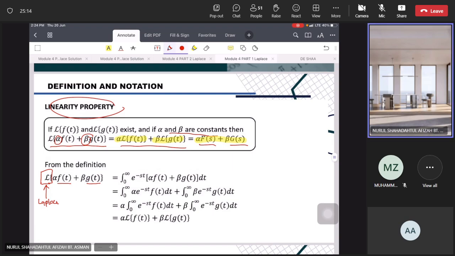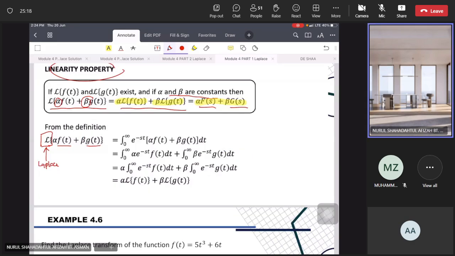We expand it into the form of integration, integration from 0 to infinity of e to the negative st. And the original one is e to the negative st dt, so we just add this function into this one.